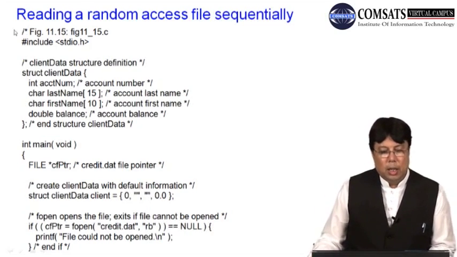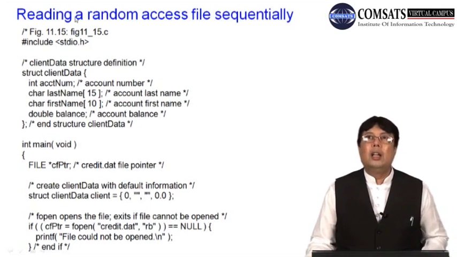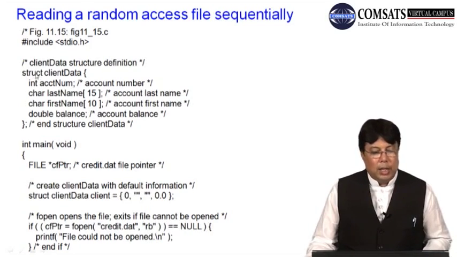We are going to read the data from the random access file. So we can create this particular file here. Then a file pointer cfPtr pointing to a file, and a structure of client data.